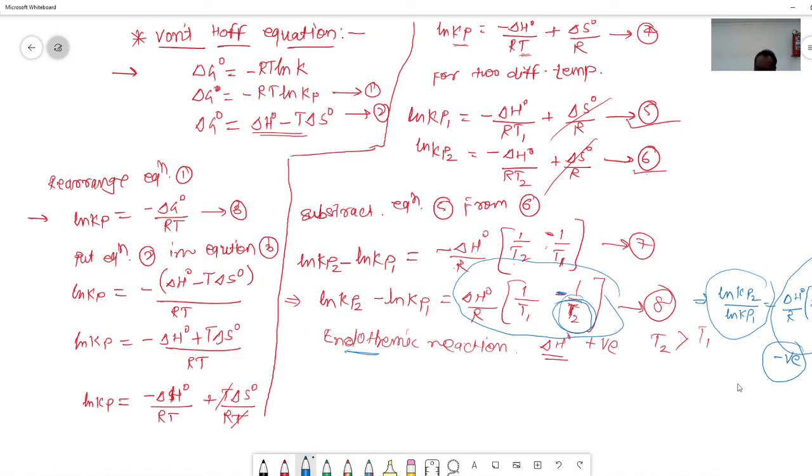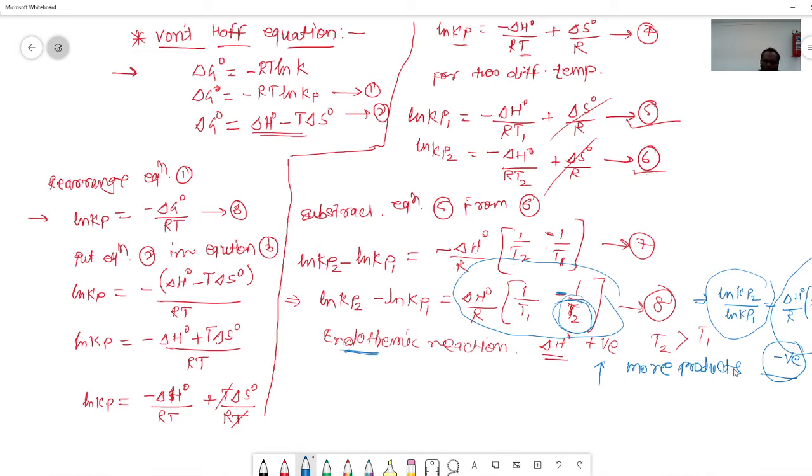Negative multiplied by positive comes out to be negative. Simply, for an endothermic reaction, if we increase the temperature, more product will be formed.